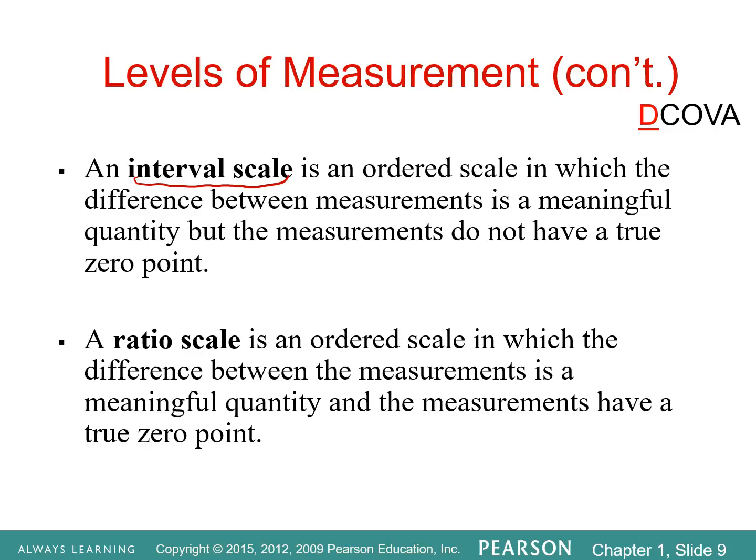A ratio scale is an ordered scale in which the difference between the measurements is a meaningful quantity and the measurements have a true 0 point. So ratio means it starts from 0, right? Like there is a bottom, basically, that's what a 0 point means. So for an interval scale, there's not a true bottom. For a ratio scale, there is a true 0 point, or it starts from this particular point.